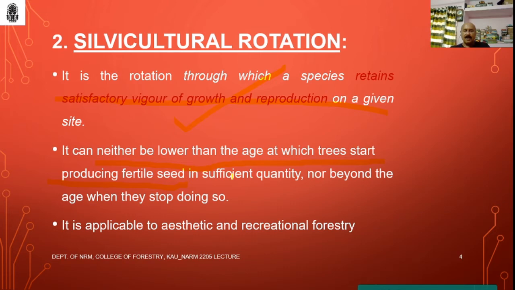Only after the trees start producing fertile seed in sufficient quantity can you think about fixing the rotation or production period. That is the rider regarding silvicultural rotation. Usually this type of rotation is applicable in the case of aesthetic as well as recreational forestry.